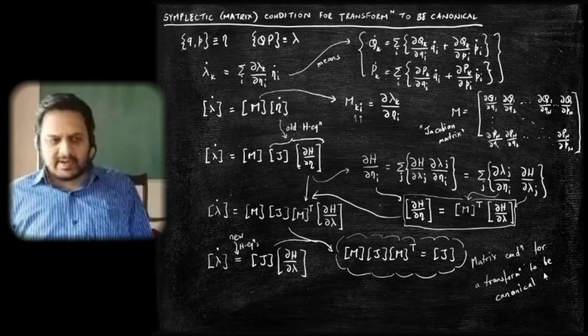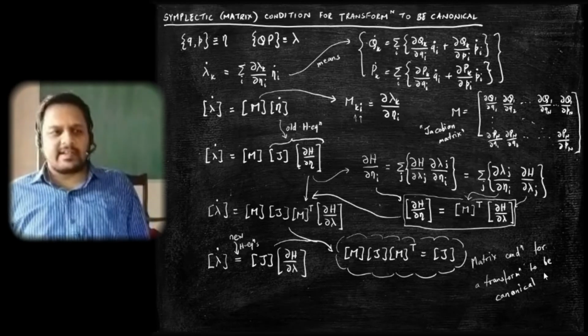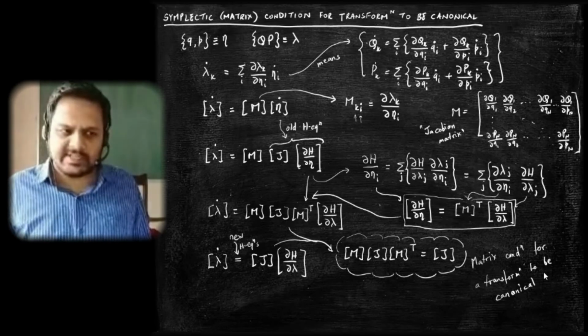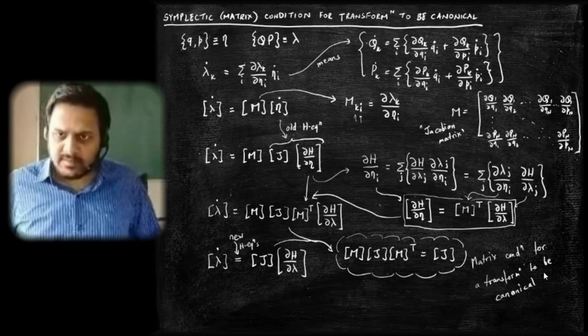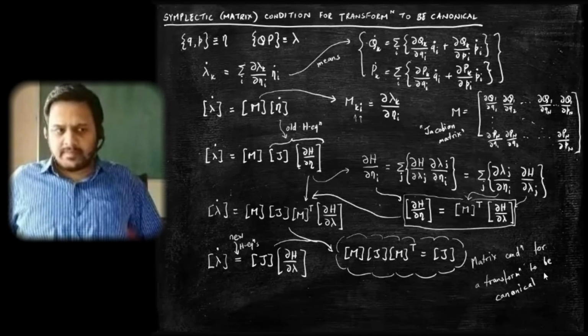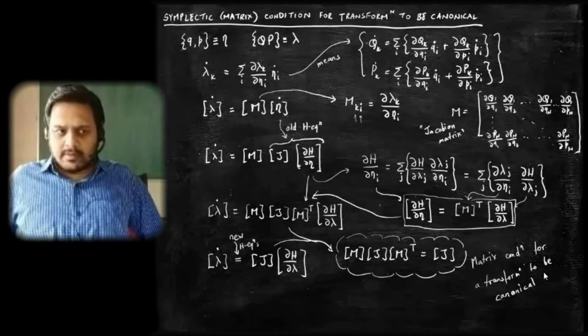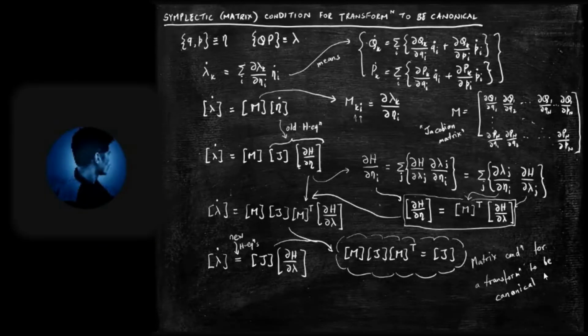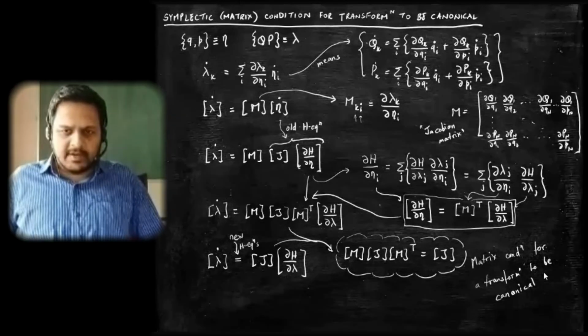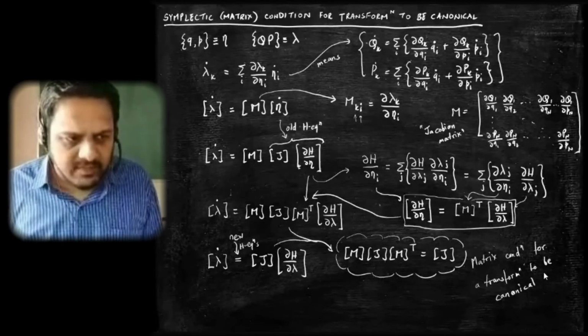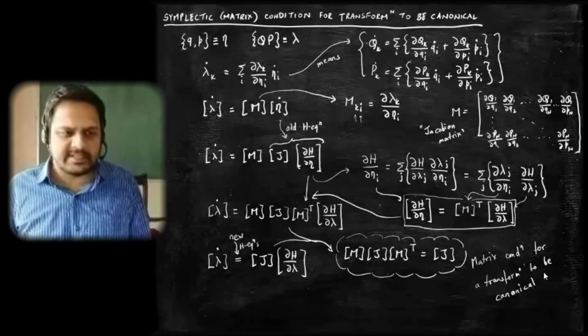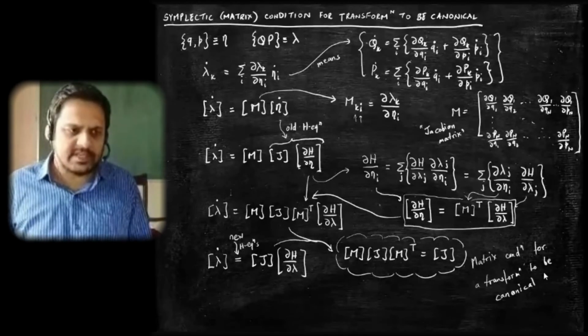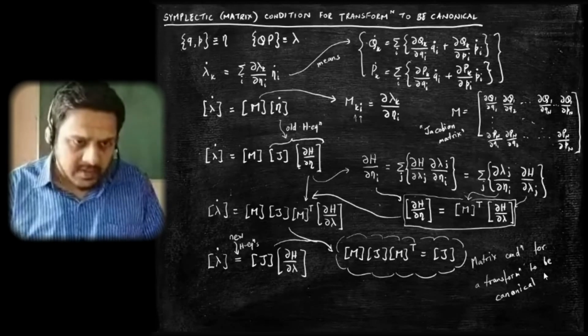The Jacobian matrix performs a similarity transformation on the J matrix and transforms it back to itself. That is how I read this equation. Is that okay? Okay, sir. Yes, sir. It performs a similarity transformation and it transforms the J matrix back to the J matrix. Okay.